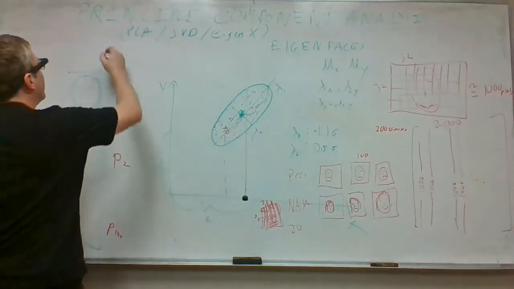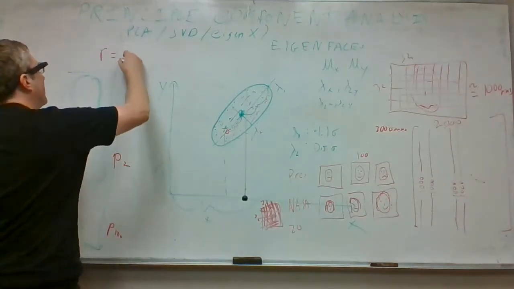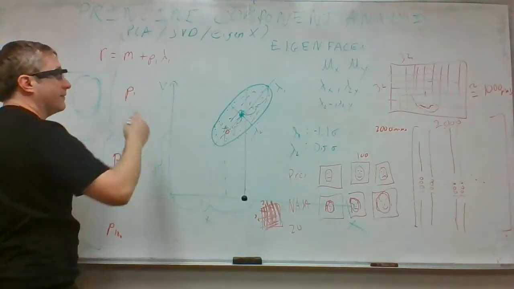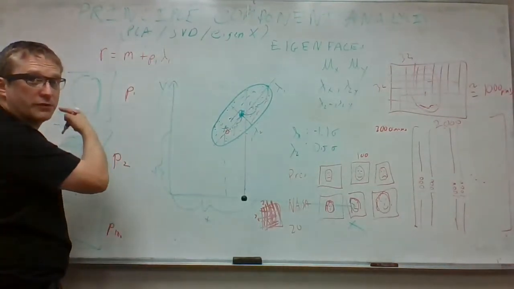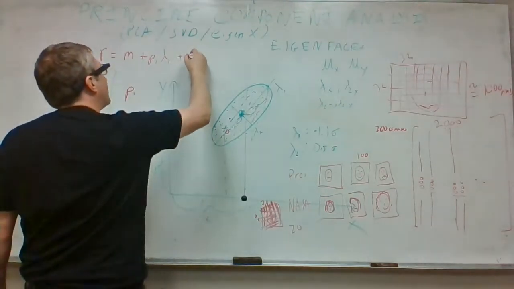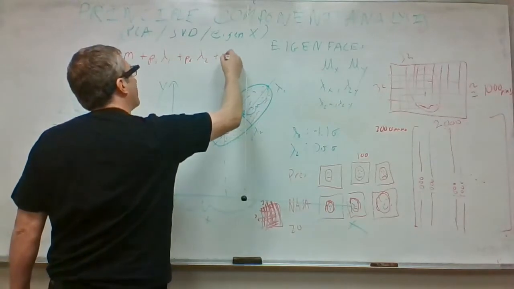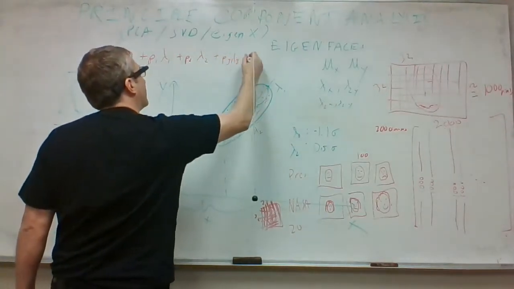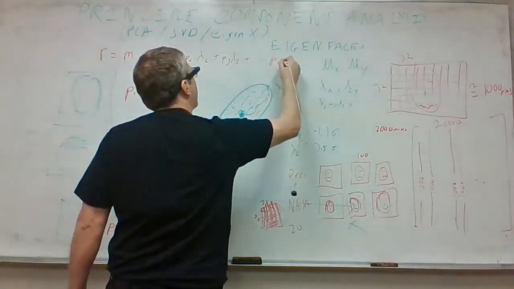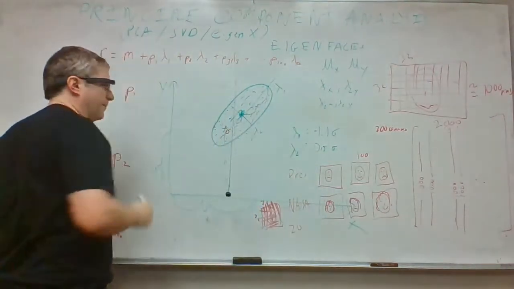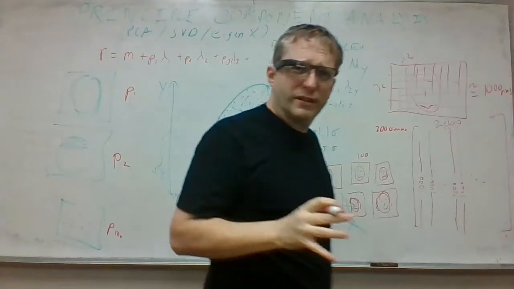So for the reconstructed image, I take the mean plus the first projection times the first eigenvector, which I already set up with the moonshot, plus the projection value P2 times the second eigenvector, plus P3 times the third eigenvector, and so on, plus P100 times the 100th eigenvector. And it turns out that I get a pretty good reconstruction this way.